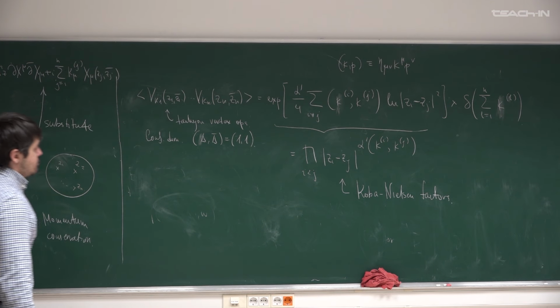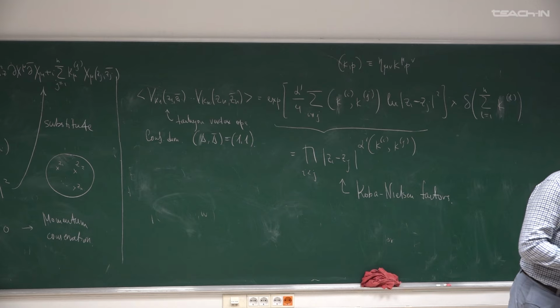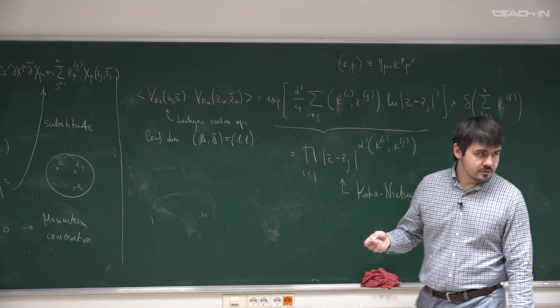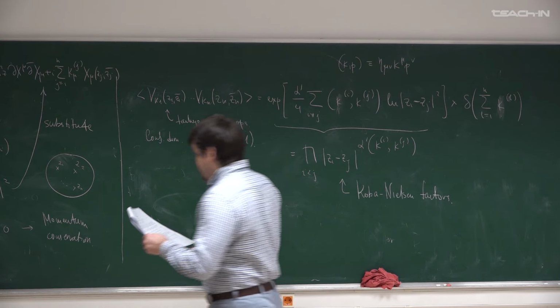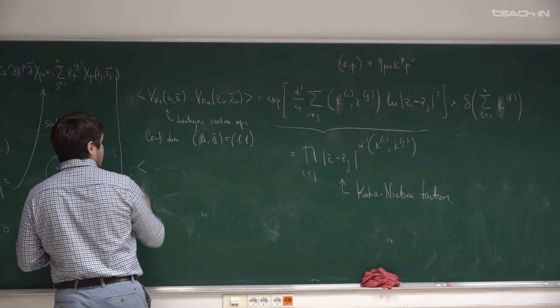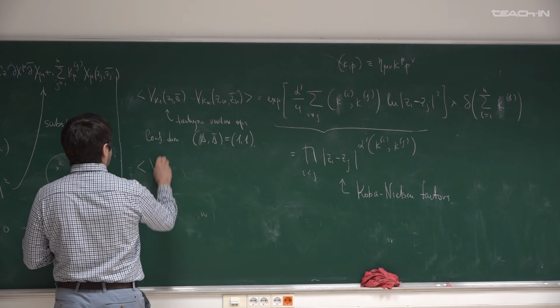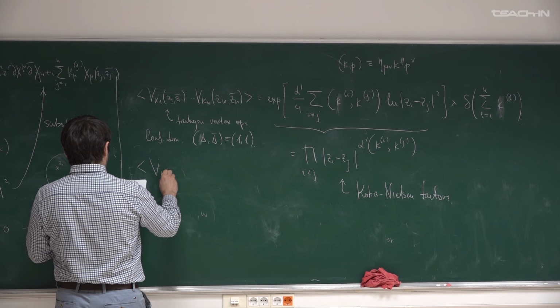How do we see that? As usual in conformal field theory, the conformal dimension governs the two-point function of the operators. So we should be able to see that from the two-point function. So let's compute the two-point function, V_k of z1, z̄1.